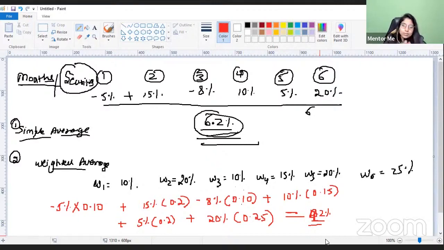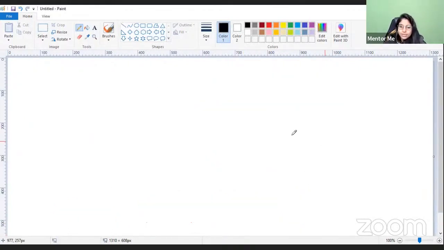This is another way to deal with it. And the third way is with respect to probabilities. Like we have these possible returns and their respective probabilities given to us. Let's take another example, a smaller one. Let's say if we invest into a stock, then there is a possibility of getting 10% return, a possibility of getting 0% return, and a possibility of getting minus 5% return.